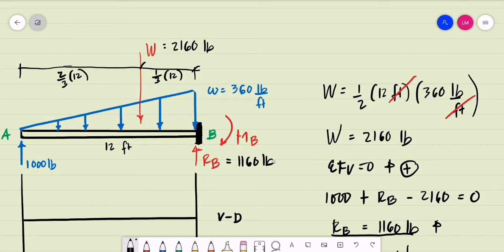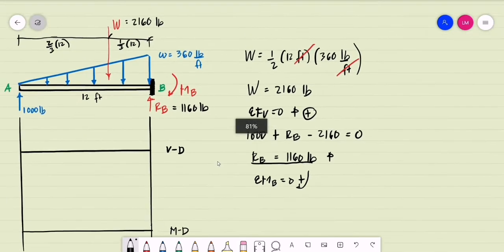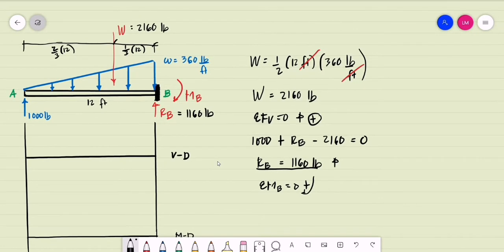Okay, so we are now doing the summation of moments at B. What are the clockwise moments? Assuming clockwise, we have the moment reaction at B, plus the 1,000 multiplied by 12 feet, then minus 2,160 at a distance of 1/3 of 12 feet, and this is equal to 0.